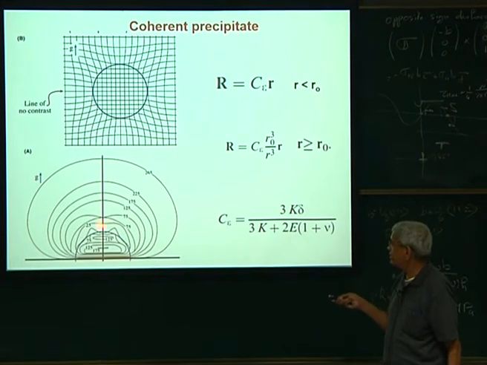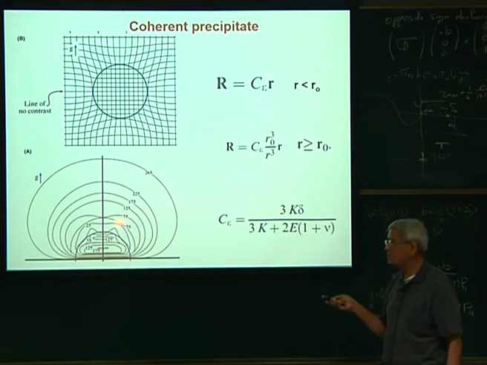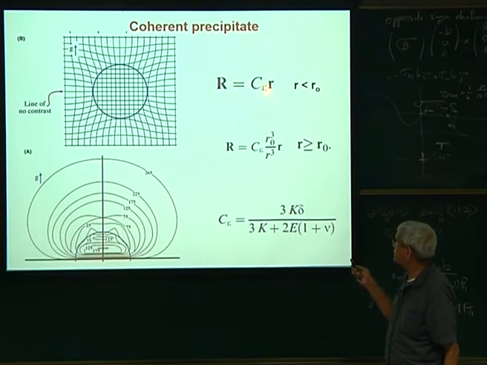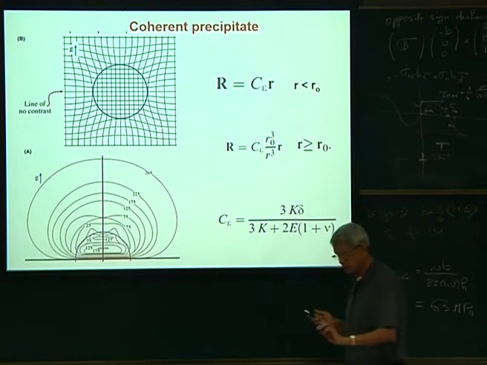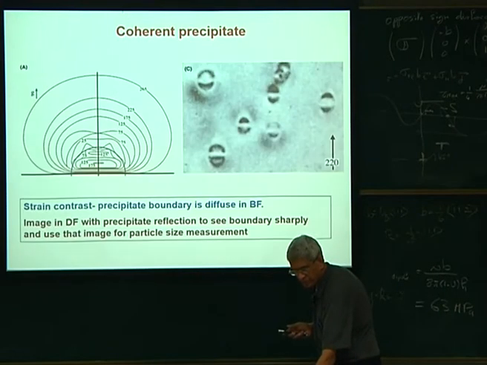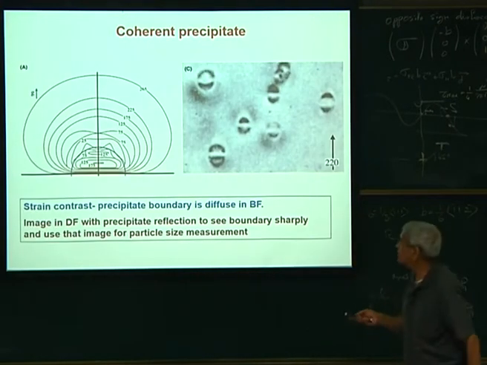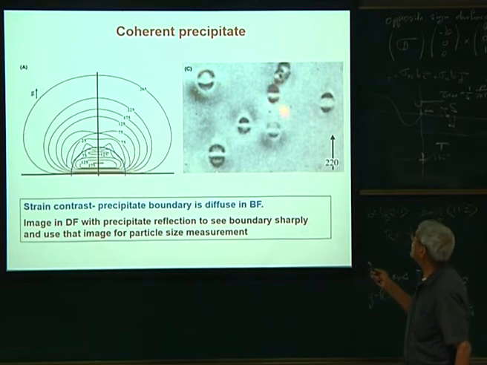That is precisely what is being plotted here, from a theoretical calculation for a thin foil. This is the displacement parameter, inside as well as outside of the precipitate. These are calculations you can see in the book. Finally, this is the sort of contrast you see.